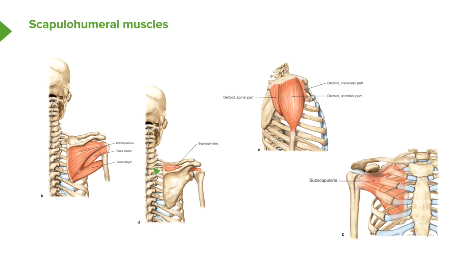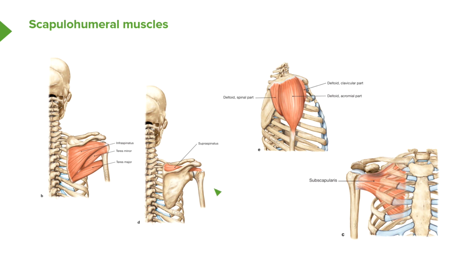Here we have supraspinatus, running from the supraspinous fossa of the scapula. Supraspinous fossa, remember, is above the spine of the scapula, and it passes towards the humerus, specifically towards the greater tubercle of the humerus here. When this muscle contracts, the scapula is going to remain stable and the humerus is going to move outwards.